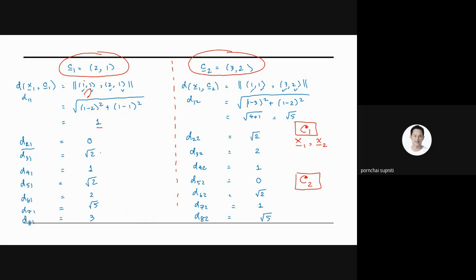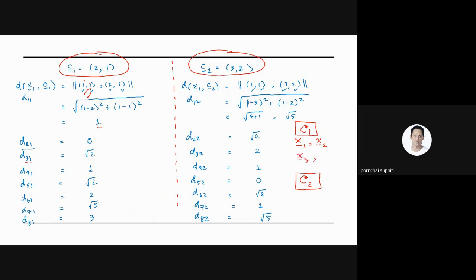How about data point 3? Should it be in cluster 1 or cluster 2? Cluster 1, because the distance between data point 3 and centroid 1 is smaller than to centroid 2. So x3.